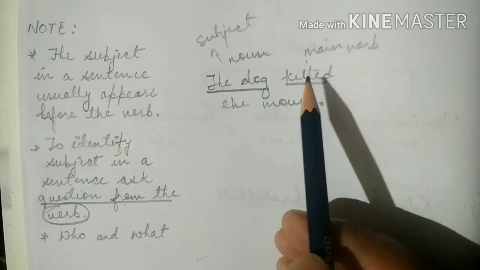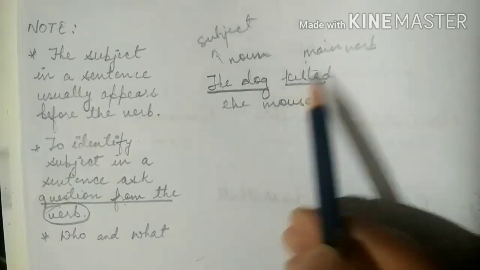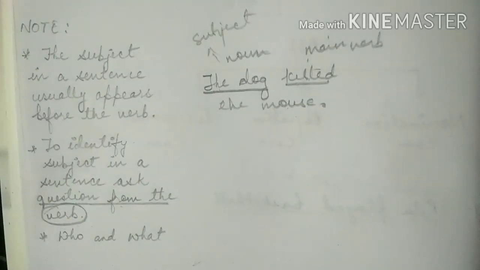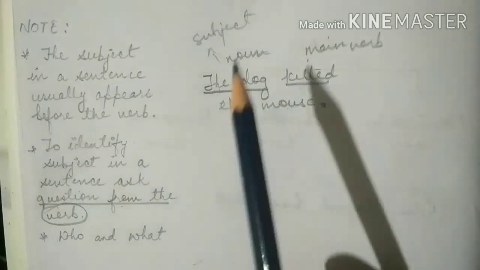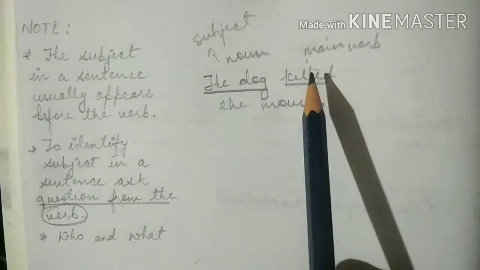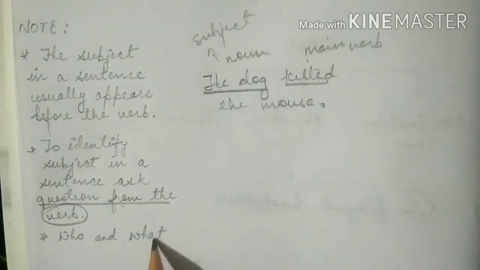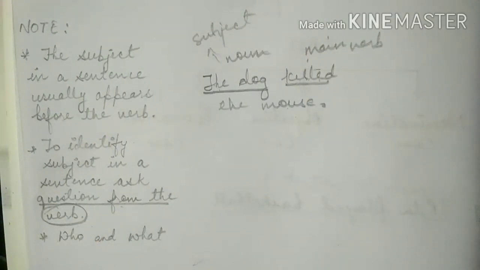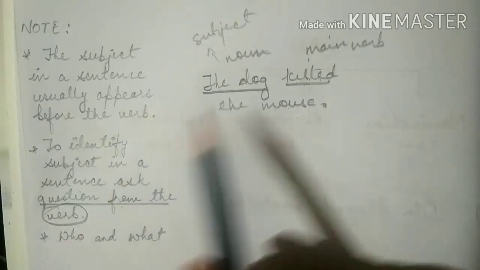What is the verb over here? The verb is killed. Now, what question do we need to ask from the main verb? Ask who and what. If the question who or what gets an answer, then that answer will be our subject.